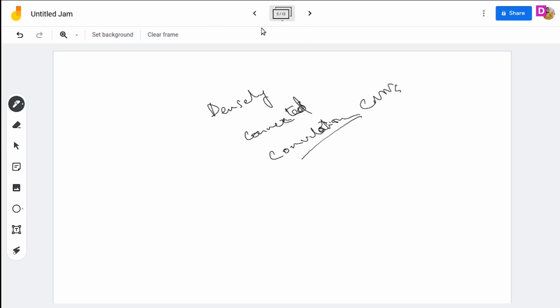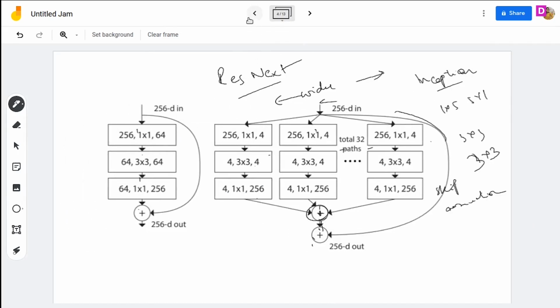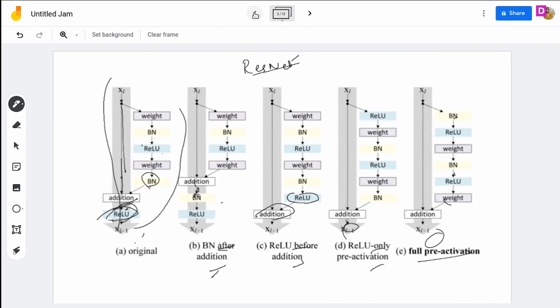The main important evolved version of ResNet was Inception ResNet, and we have talked about it. But there is also ResNeXt, which is why I talked about it here. Other than that, there is nothing much more about it. We talked about different modules of ResNet, but yes, this one was the best.